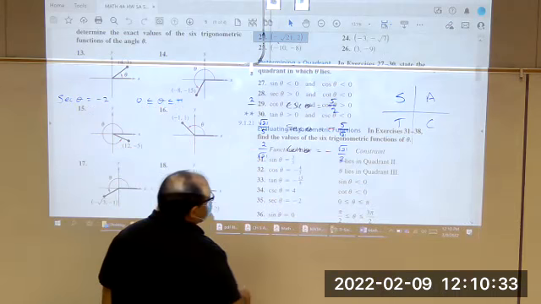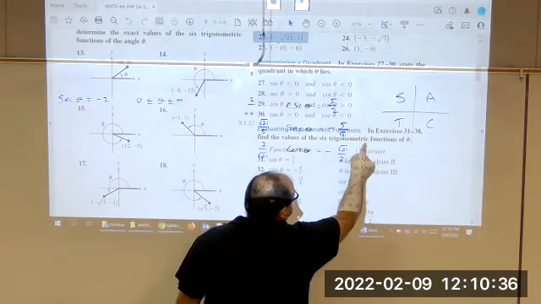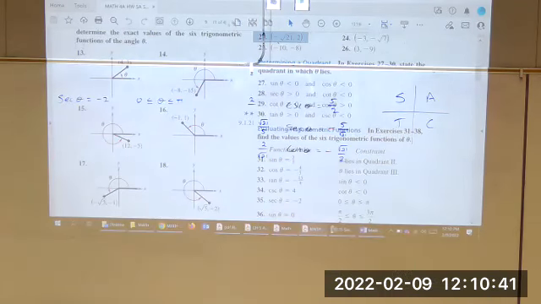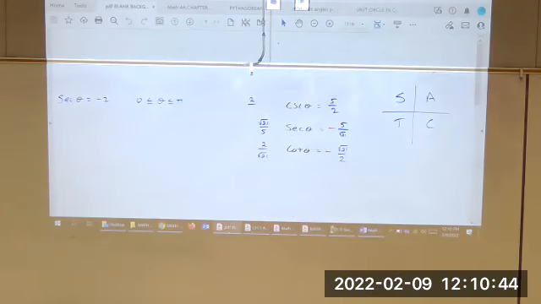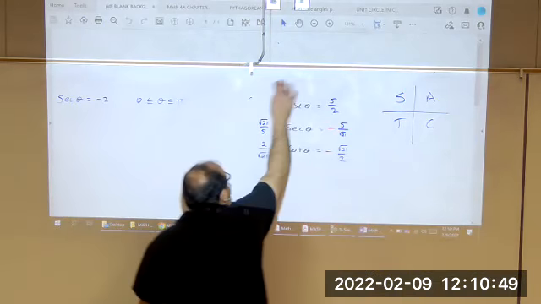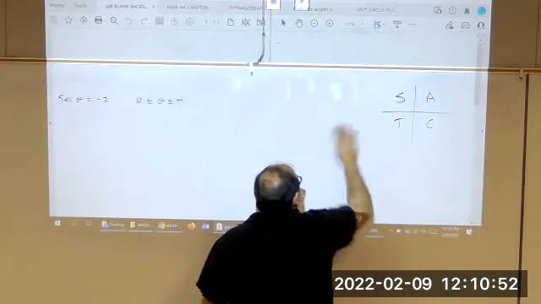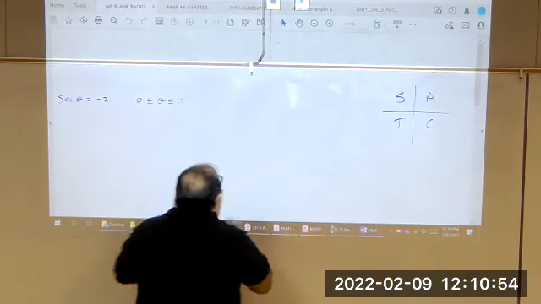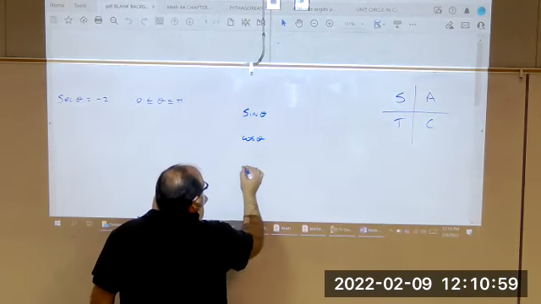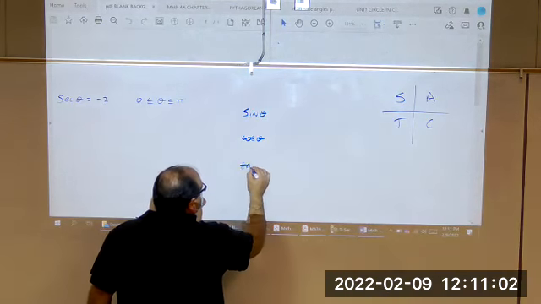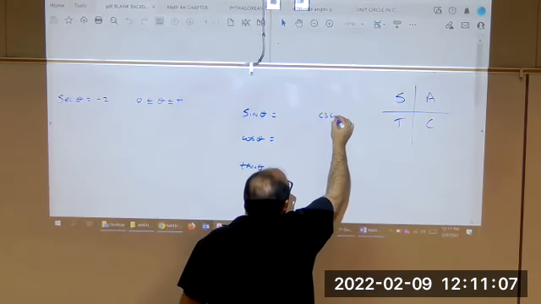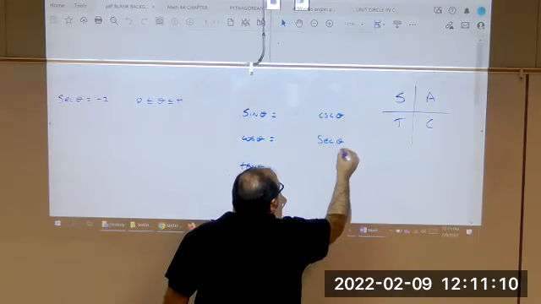Find the exact values of all 6 trig functions: sine theta, cosine theta, tangent theta, cosecant theta, secant of theta, cotangent of theta.